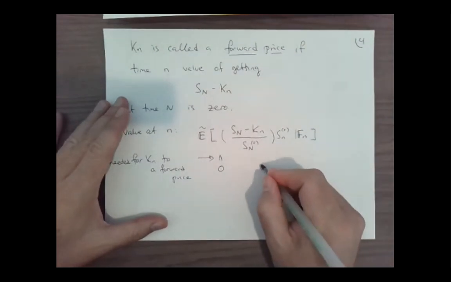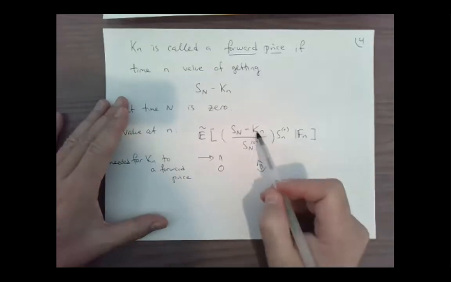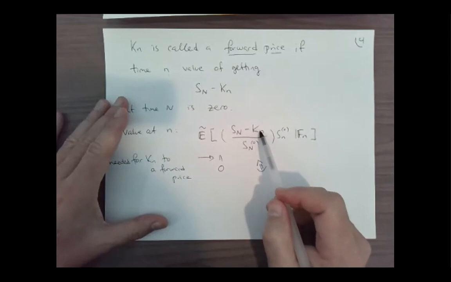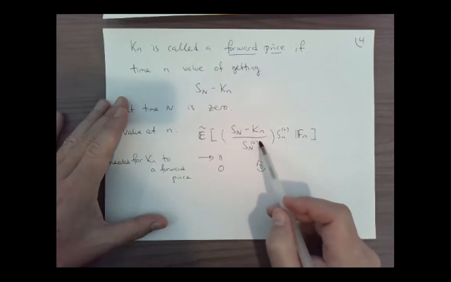So you can see here, we can solve for Kn, right? Because Kn is going to be Fn measurable. The thing that is not Fn measurable here is this ratio.